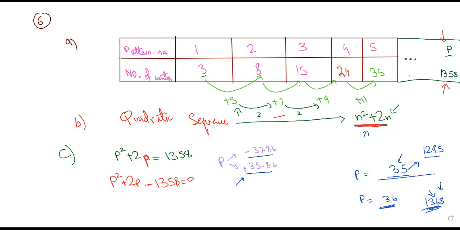Did you understand this? Yes, ma'am. Okay. Then the last part, which I did not share, of the question said, he uses all of the remaining counters to make another pattern in the sequence, pattern Q. Find the value of Q.